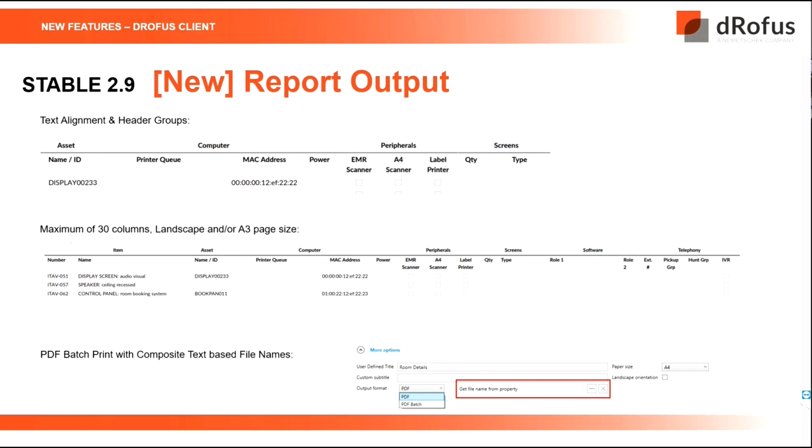But more importantly, you can activate select composite text. That means via composite text, you can build a string. So maybe room number plus room name, plus maybe a revision number that you've managed to capture in the database. And with it being PDF batch, you will then export it. You'll get a zip file, and it will contain, hopefully, hundreds and hundreds of rooms and dedicated sheets.